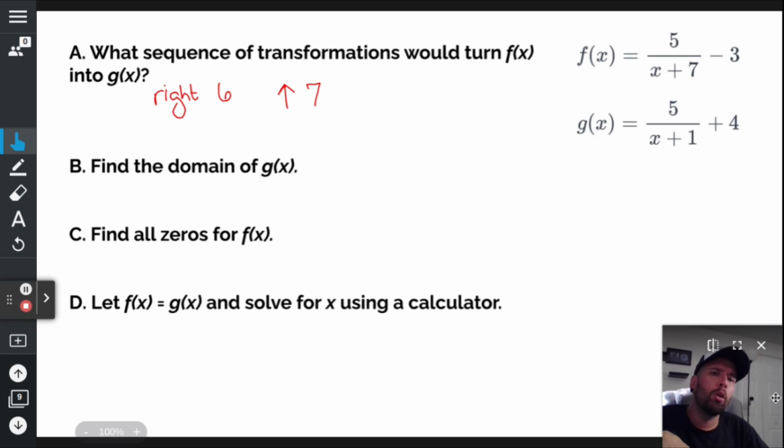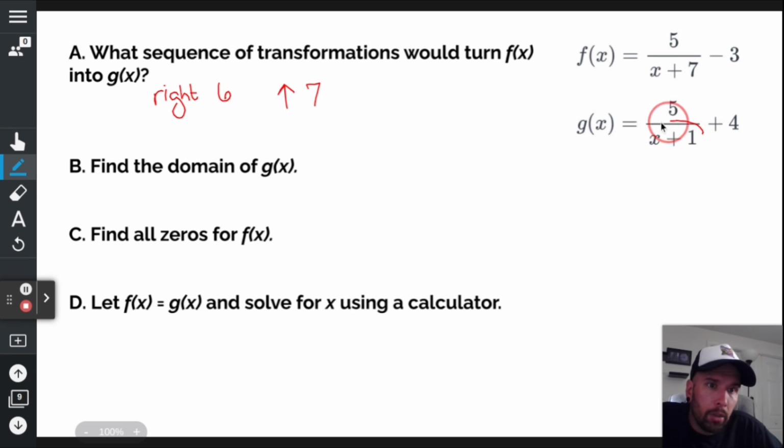All right, find the domain of g of x. The domain of g of x is what x values am I not allowed to use? Well, I have a fraction, and in my fraction, the denominator is x plus 1. I'm not allowed to plug in -1 because that would make the whole thing undefined.